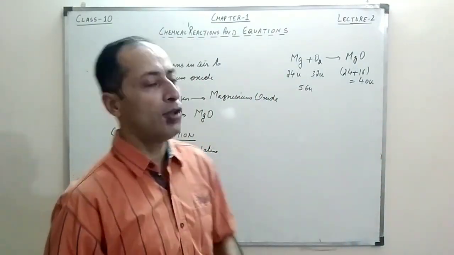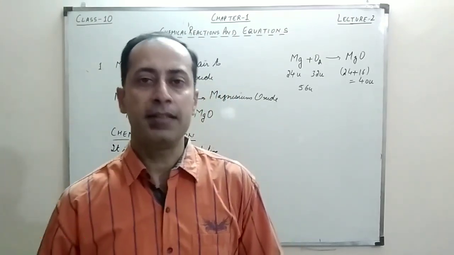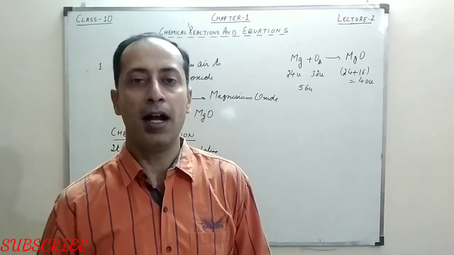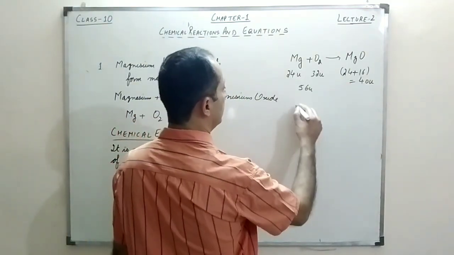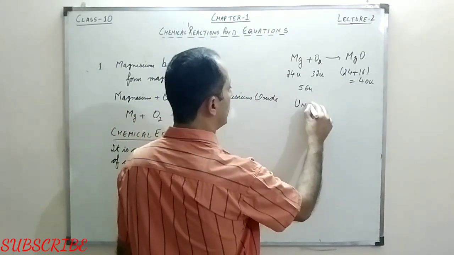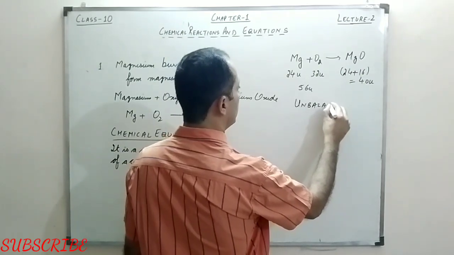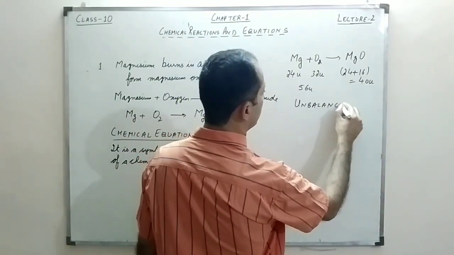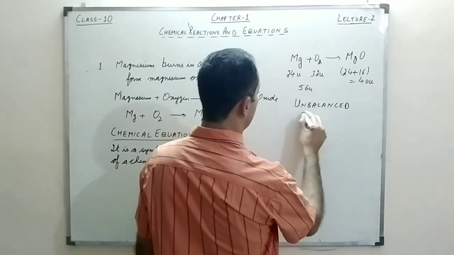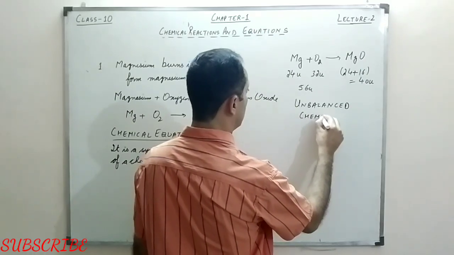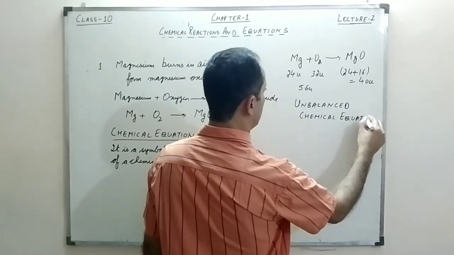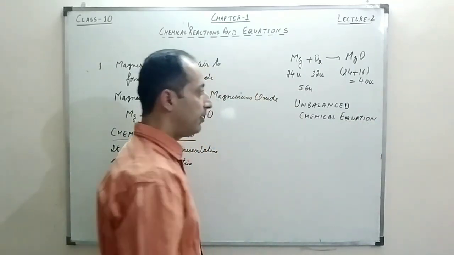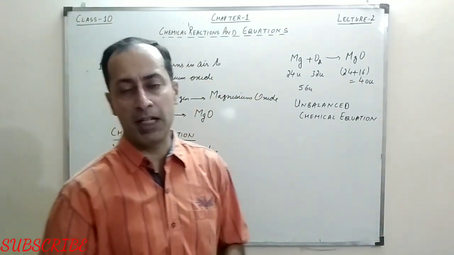Since these are not equal, we call this kind of chemical equation an unbalanced chemical equation. Right, friends? So this is an unbalanced chemical equation.